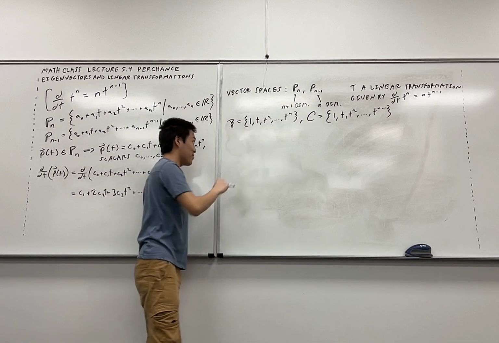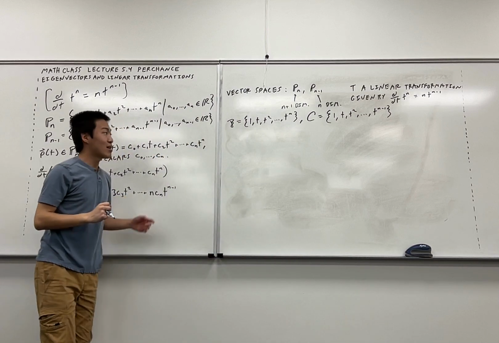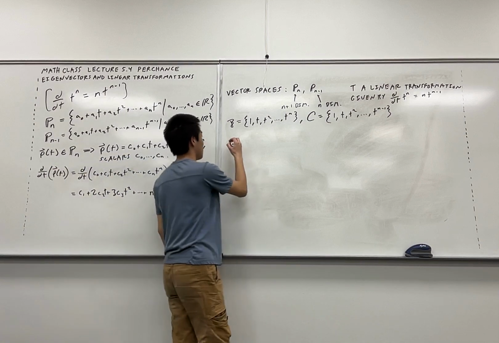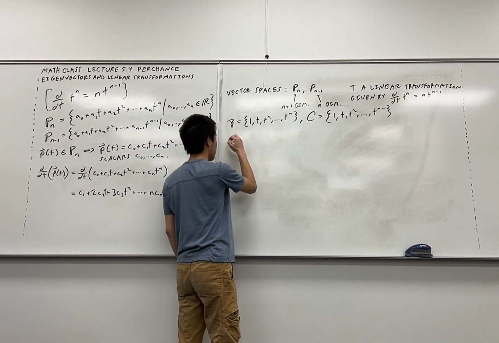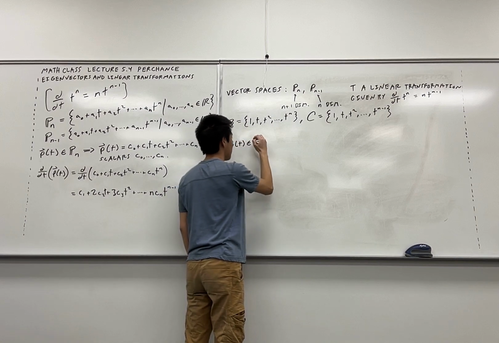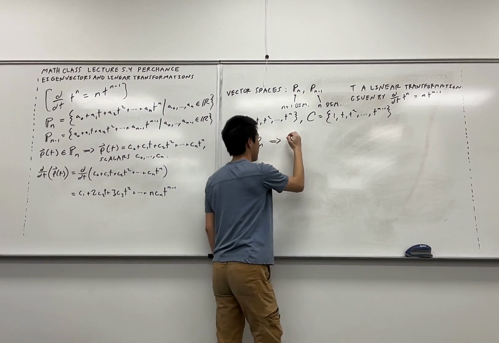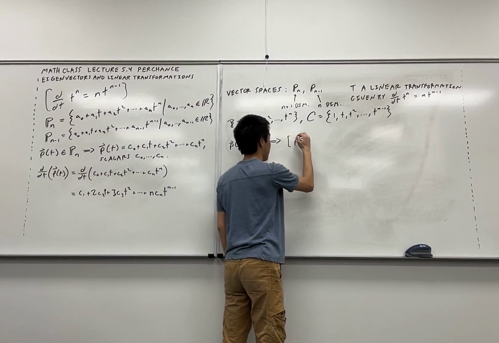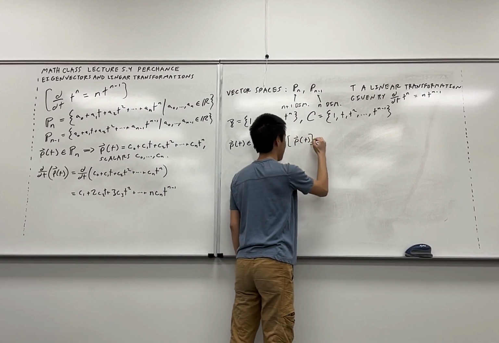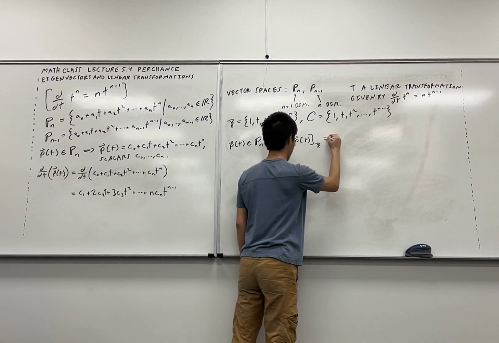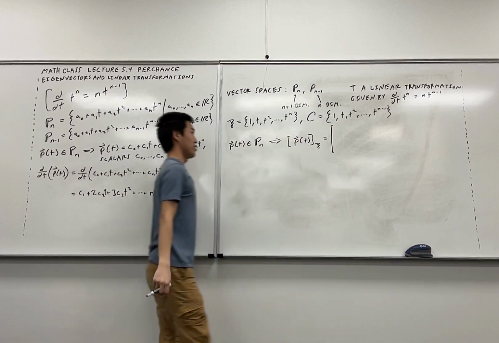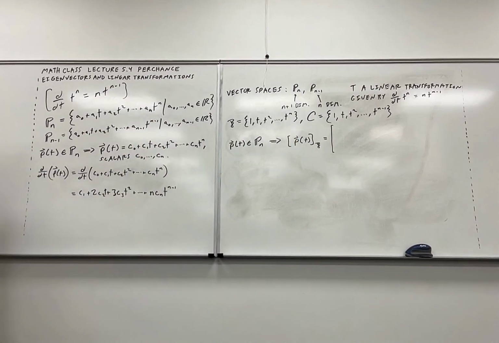So now we have bases, we have vector spaces. That means you can represent these with coordinates. So P being a member of the first vector space, Pn, tells us, especially in light of the basis B, that if I take the B coordinates, what is that going to be now?